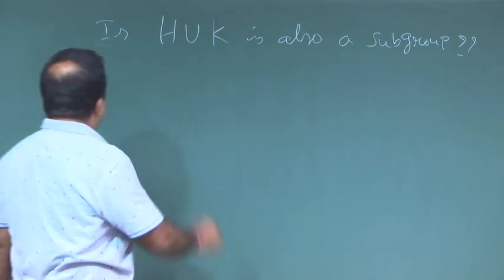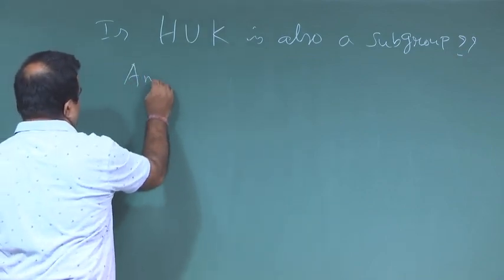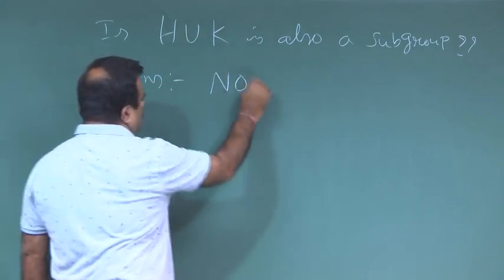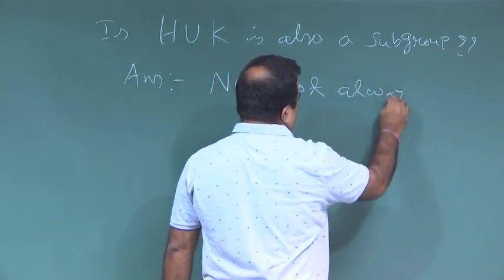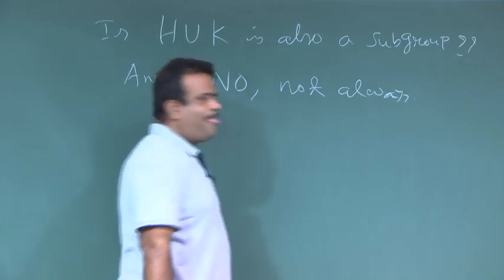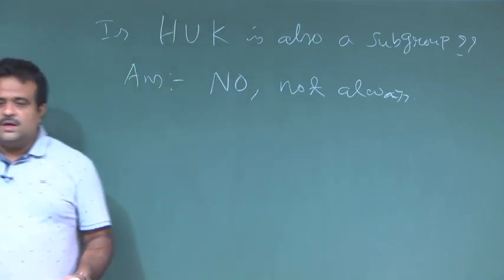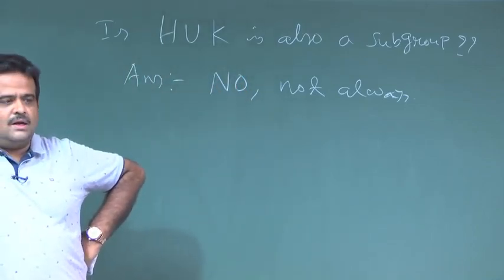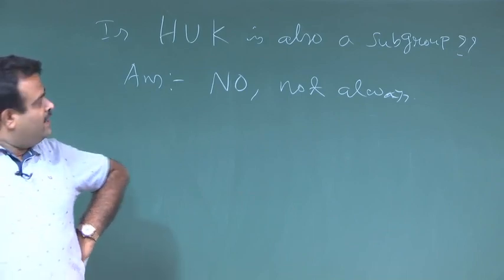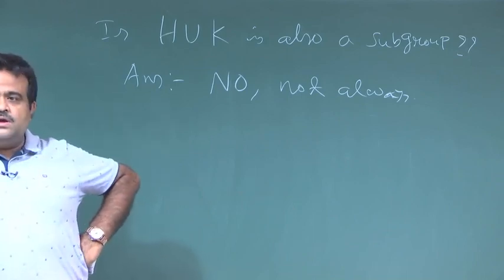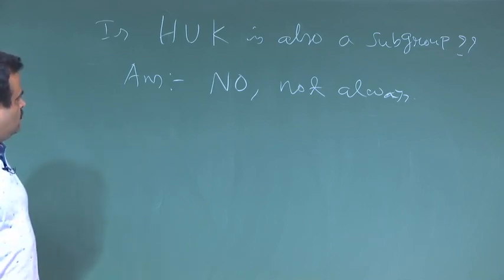The answer is no, not always. Then we have to have a counter example where H and K both are subgroups, but their union is not a subgroup.